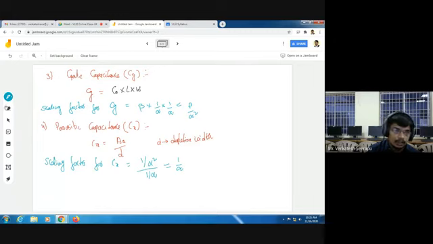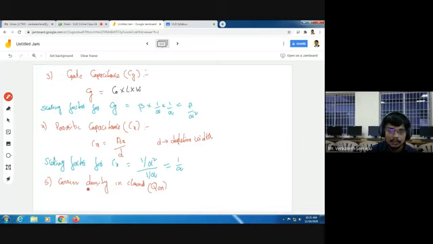Okay. Next, the fifth parameter is the carrier density in channel. Carrier density is always proportional to the charge.